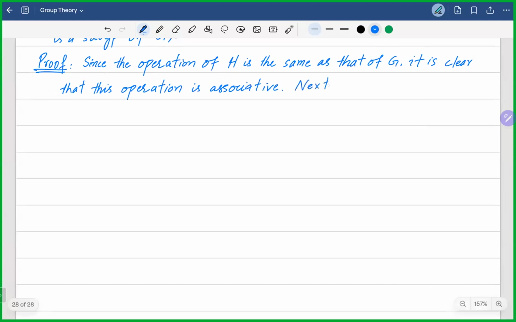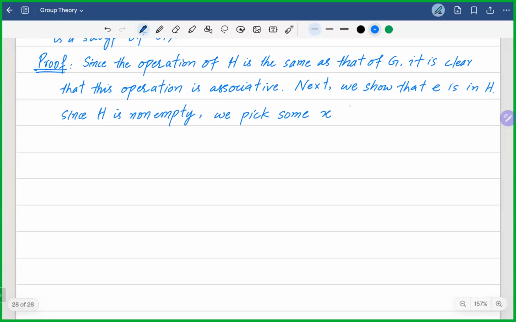Next, we show that the identity is in H. Now, since H is non-empty, we pick some element X in H, right?